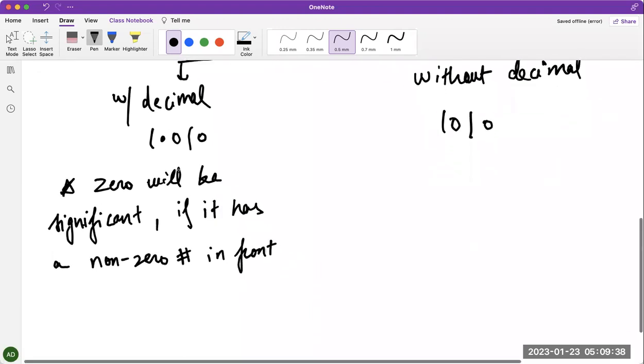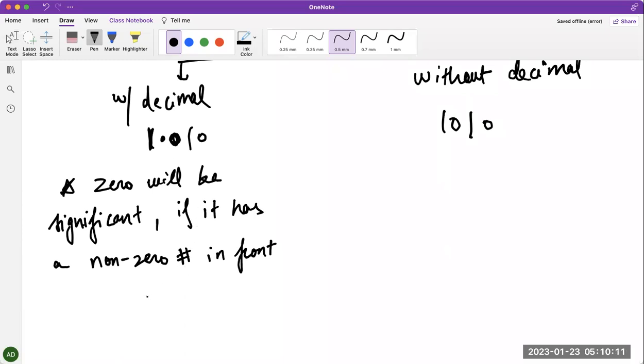You see that this zero has a non-zero number in the front, like it has this one sitting in the front. That will make this zero significant. And same is true with this zero. Since this zero has a non-zero number in the front, it makes this zero significant. So you will be counting, of course, the one and one is significant. Both of these zeros will also count as significant. So this number will have four significant figures.